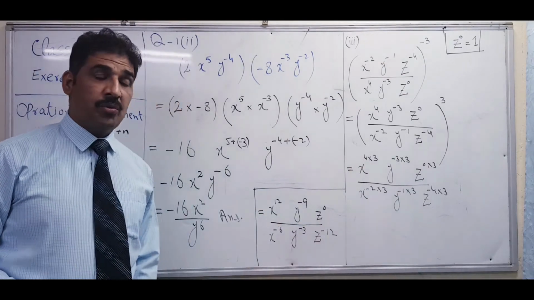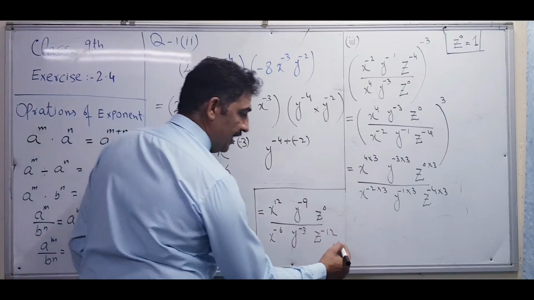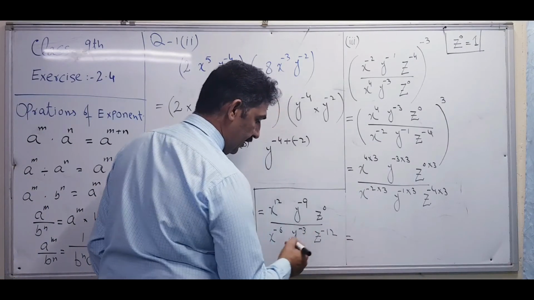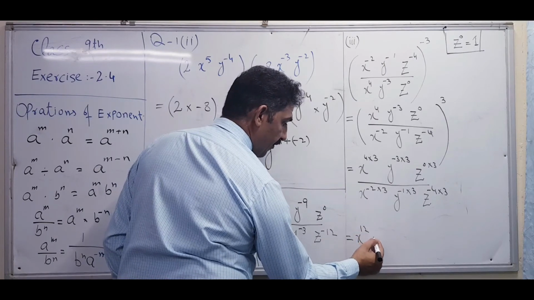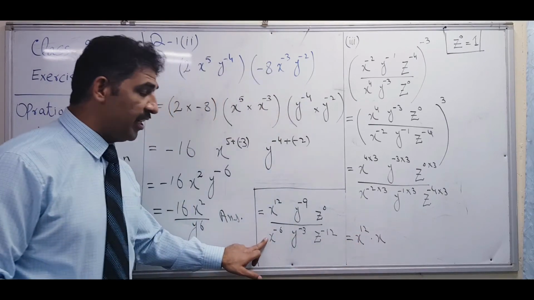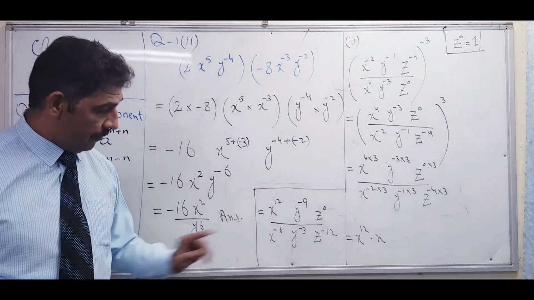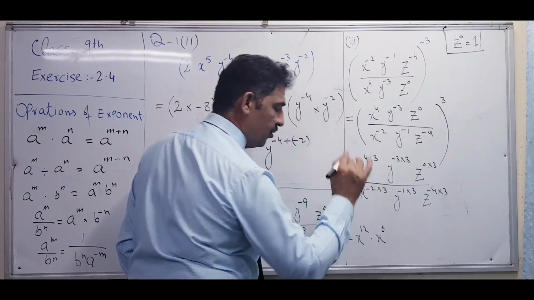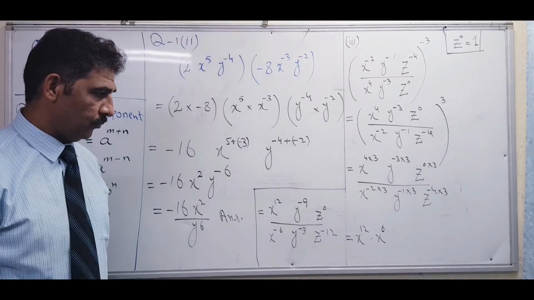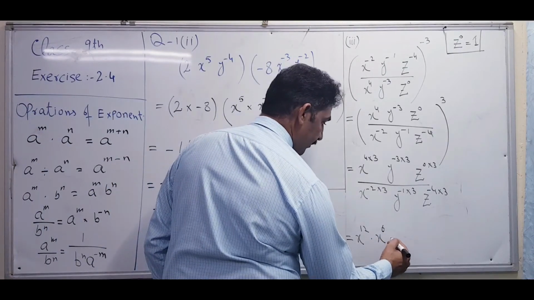Now we have to apply the rule of moving denominator to numerator and changing their signs. The next line is x raised to power 12. When this x becomes the numerator, what changes? Its power becomes positive. Good. So plus 6, or 6, you don't need to write the plus sign. Y raised to power minus 9.